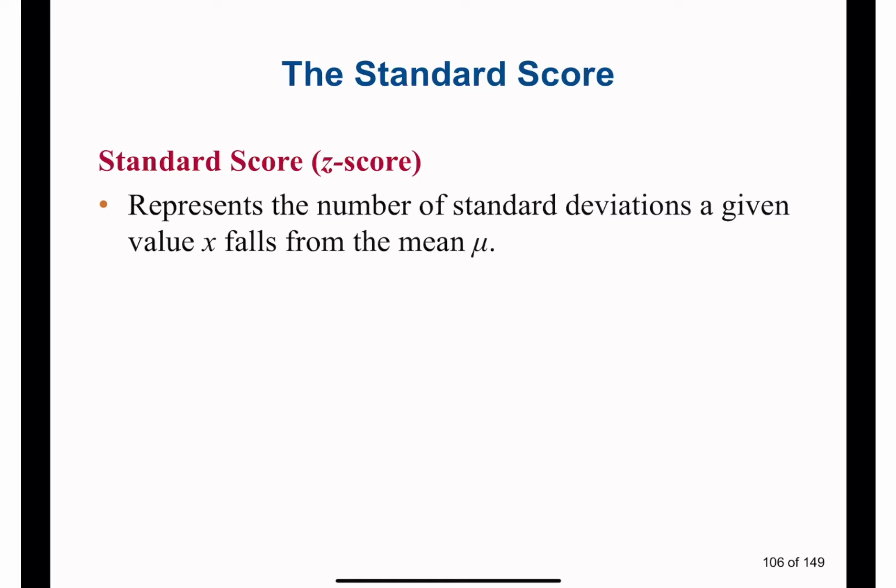And lastly here, I'm going to cover standard score. The z-score represents the number of standard deviations a given value x falls from the mean. All right, let me explain. We're going to work in detail on the standard z-score starting from the next chapter, chapter 4 I believe, because chapter 3 is going to be all probability.